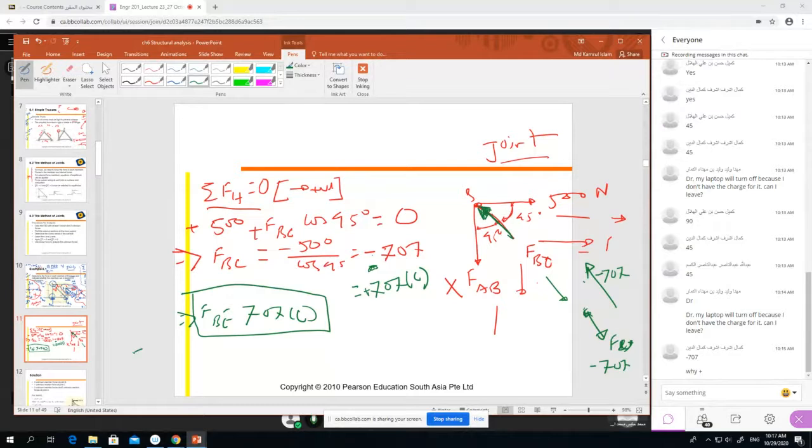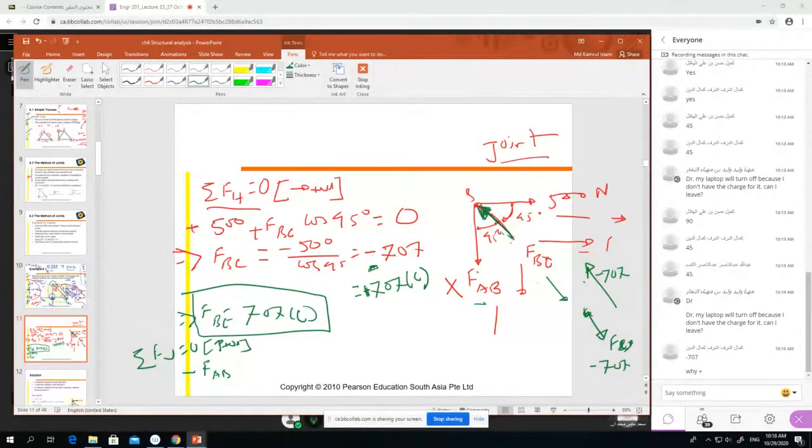Now we assume summation of vertical force is 0, with plus upward, right? Now you must change the direction and change the sign. In vertical we have FAB, it is downwards, so minus FAB, and there is no other force, it is completely vertical, so we don't need cos or sine.